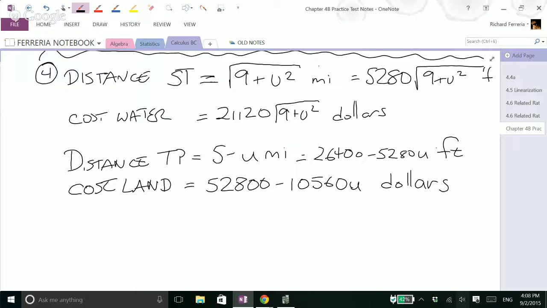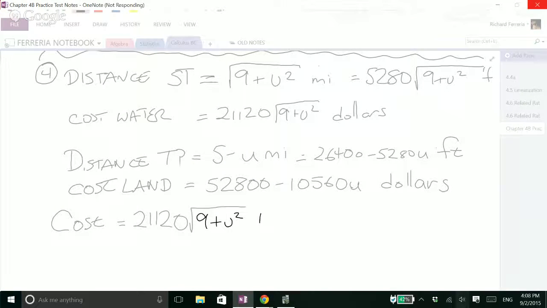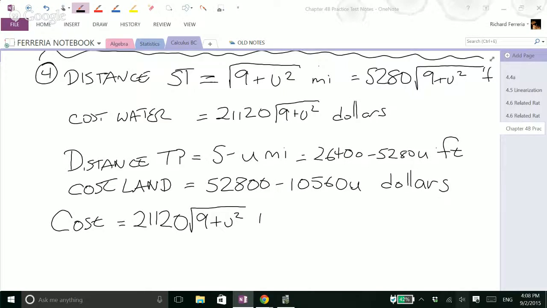The cost in terms of U is going to be equal to the cost in the water, which is 21,120 times the square root of 9 plus U squared, plus the cost on land, which is 52,800 minus 10,560 U.